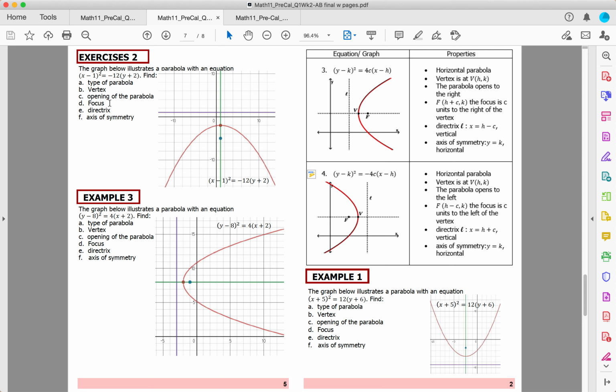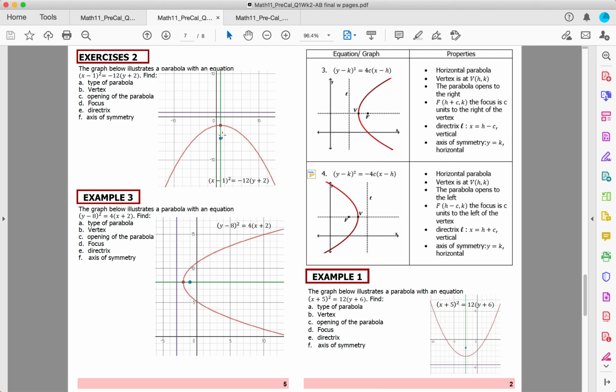The focus this time, we get from this value. So 4c equals -12. -12 divided by 4, that would be -3. 3 units, okay? The negative only indicates that you're supposed to count downwards, but distance is always positive. So 3 for the c value. Since this is negative, you count downwards.